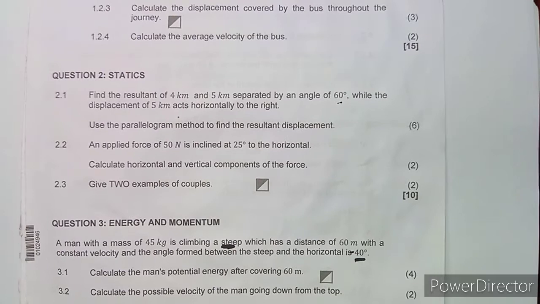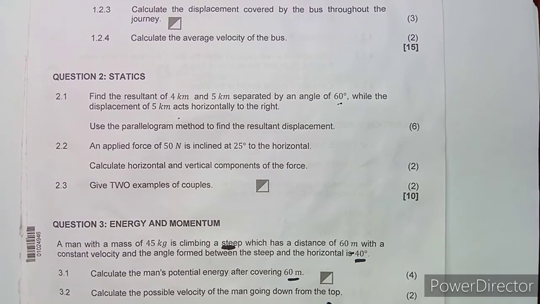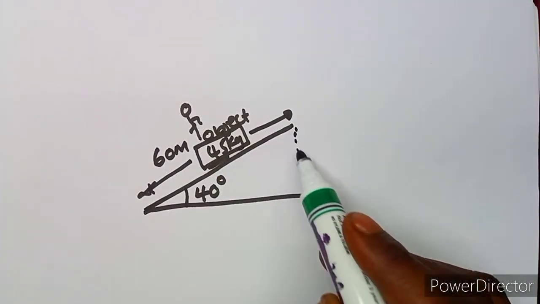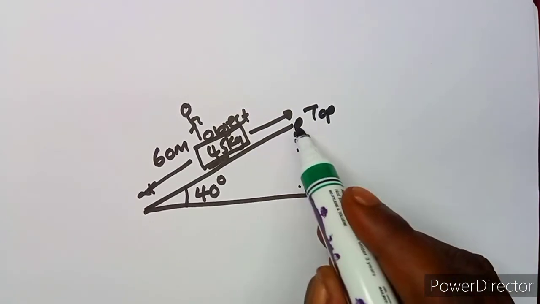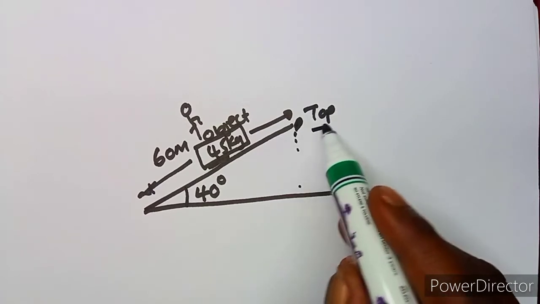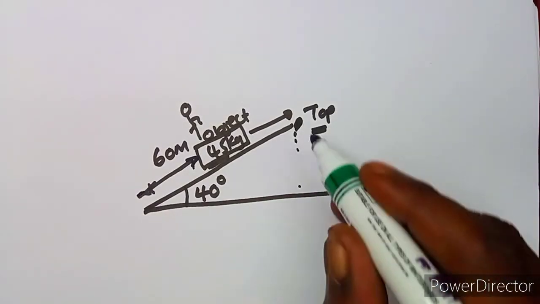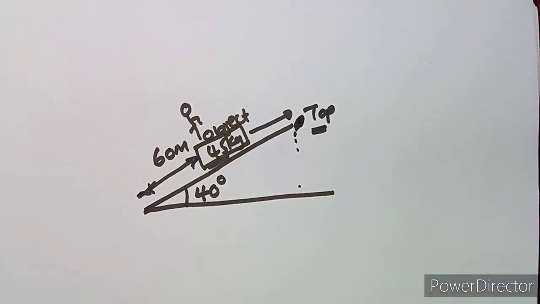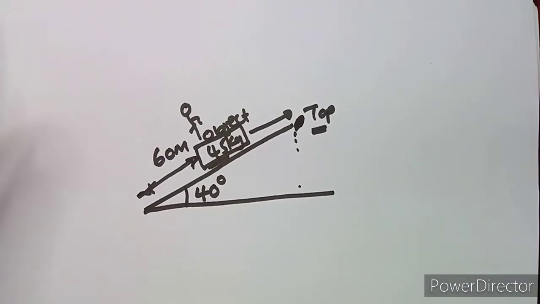The question is, calculate the man's potential energy after covering 60 meters. We know that after covering 60 meters, this person is going to be at the top because he's climbing upwards. So we are referring to the man's potential energy at the top.